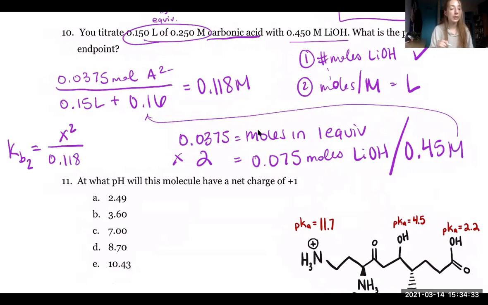I chose Kb2, not Ka2, because we're at the very end of our titration and we're dealing with a conjugate base, no longer an acid, right? Once you do that entire weak base calculation, I can write it out if you need, but let me know. And I will just write out what you should get as your final answer.